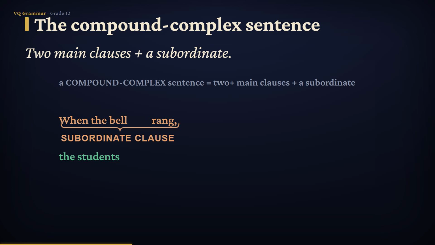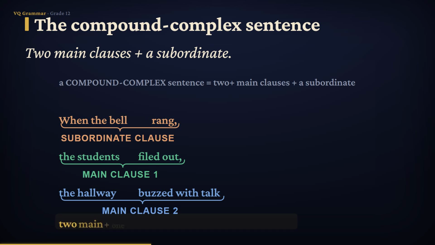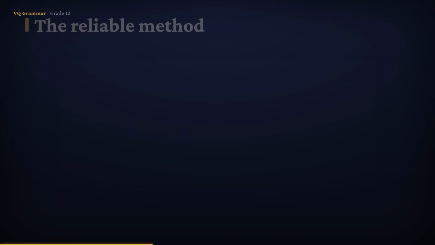Add the first main clause: "The students filed out," a full thought. Then bring in a second main clause: "The hallway buzzed with talk." Count it up. Two main clauses and one subordinate clause, packed into a single sentence. That blend of compound and complex is why the name has both words.